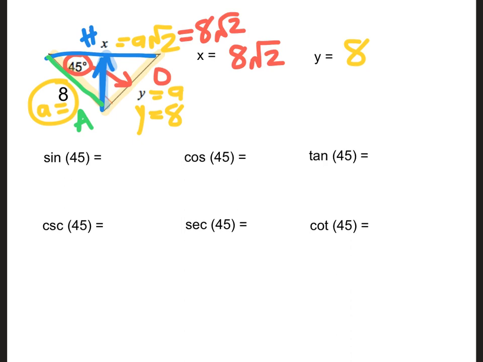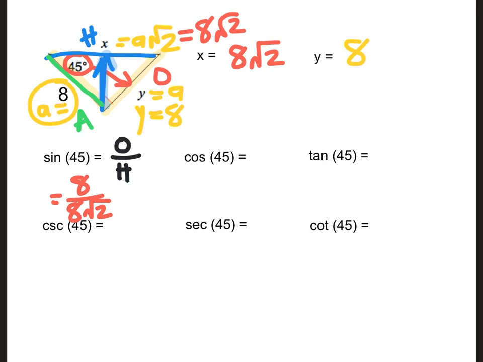Then we're going to plug everything into our sine, cosine, tangent. Remember, sine is opposite over hypotenuse, so we have O over H. Right now my opposite is y equals 8, so we have 8 over the hypotenuse, which is 8 root 2. Notice you have an 8 on the top and an 8 on the bottom.